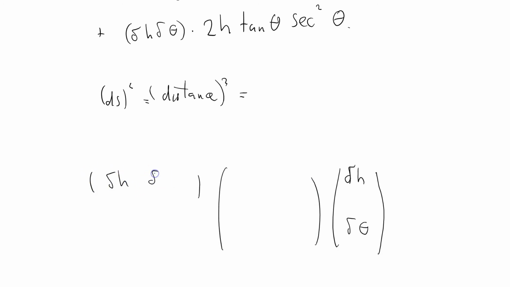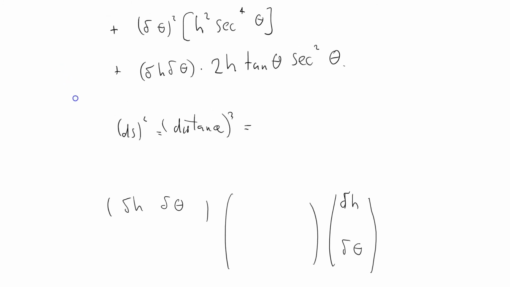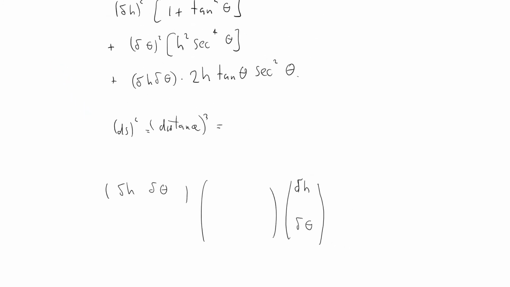I'm abusing notation. I don't want any purist, super rigorous people phoning me up and saying, look, you've got it all wrong because it's not a matrix. I know it's not a matrix. This is just a way of me keeping terms together. We've got a sec squared theta here because it's that term there. 1 plus tan squared equals sec squared.